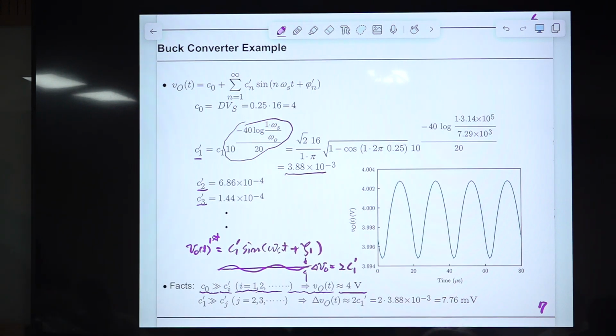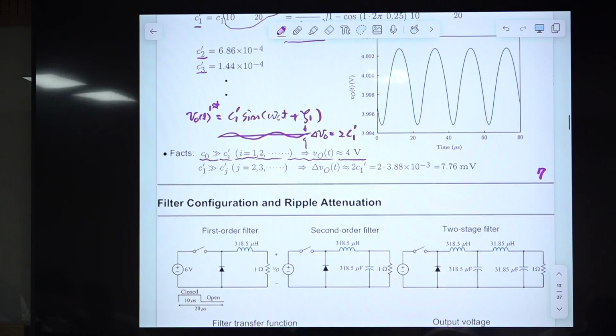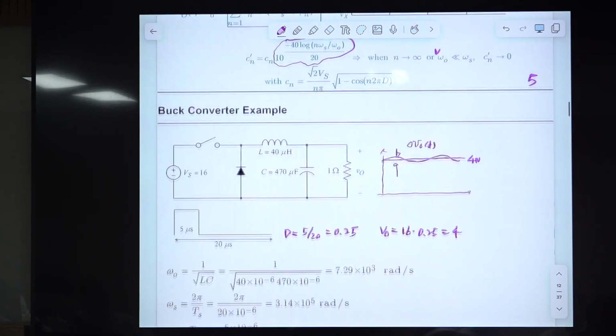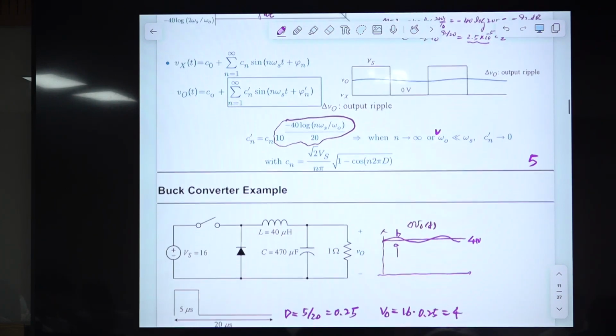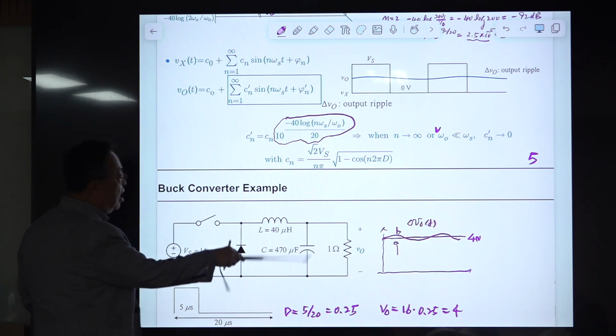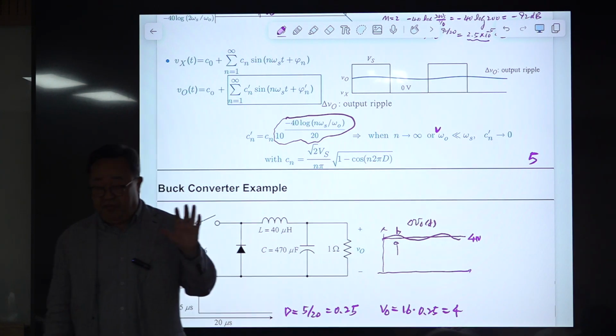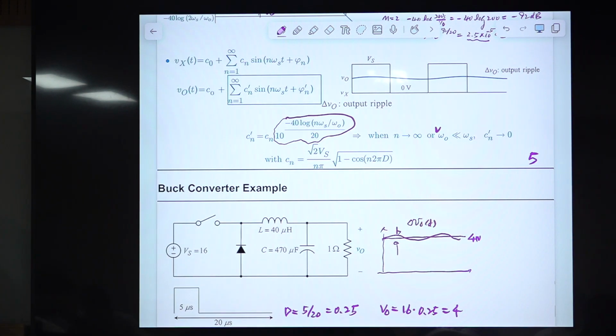At the final part of this lecture, I emphasize that any configuration combining this SPDT switch and any type of low-pass filter forms a Buck converter.